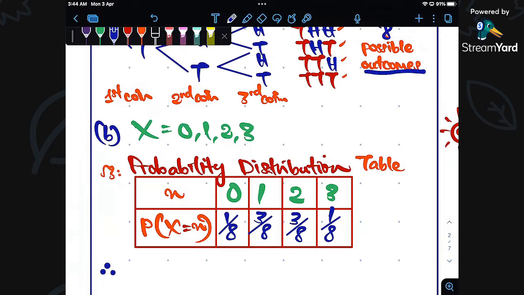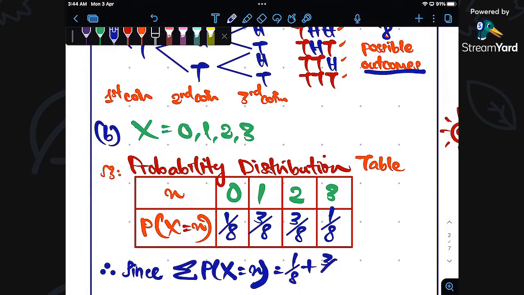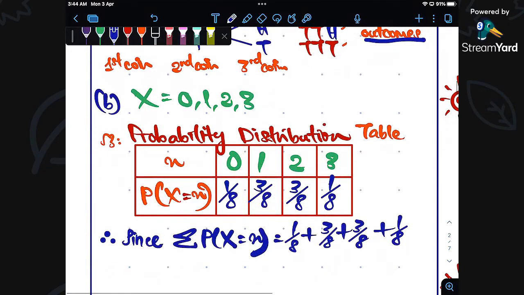So you just put a conclusion saying that since the total probability of x is equal to 1 out of 8 plus 3 out of 8 plus 3 out of 8, you can just directly write down its probability plus 1 over 8, and then you add them together, and yes, you get 1 total probability.